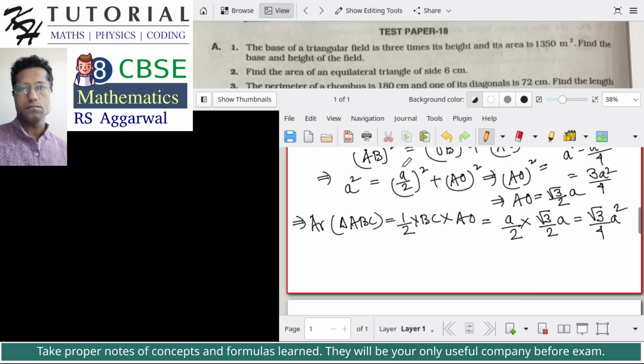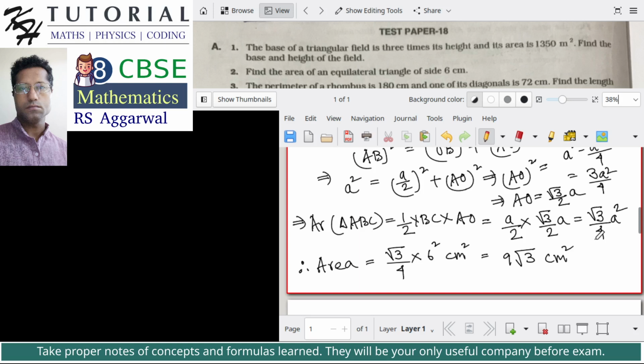Now in this problem, if we apply this formula, the area will be root over 3 by 4 multiplied by the side length, 6 square, centimeter square. This is equal to 9 multiplied by root 3 centimeter square.